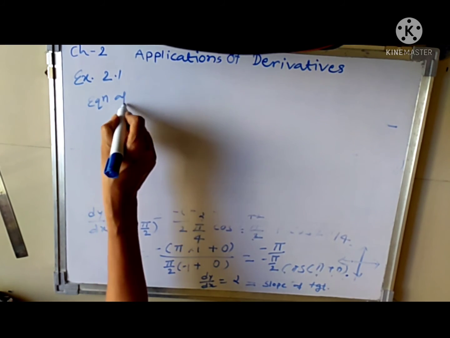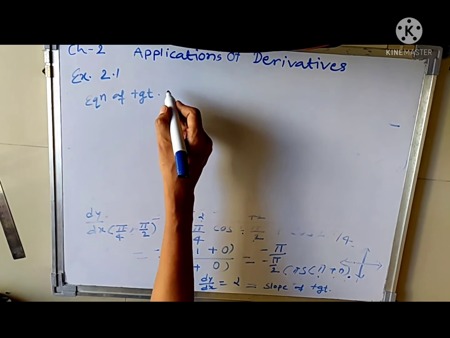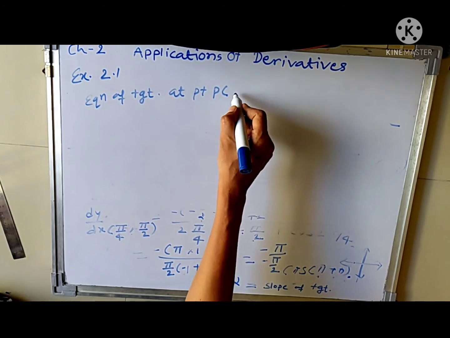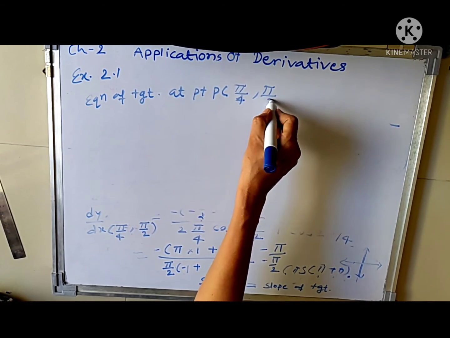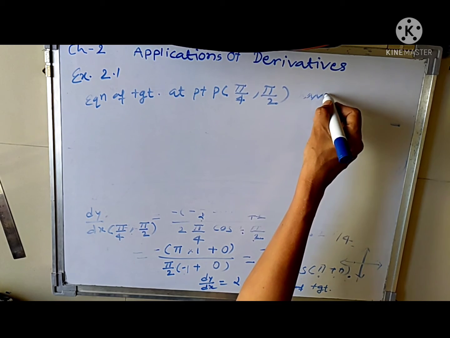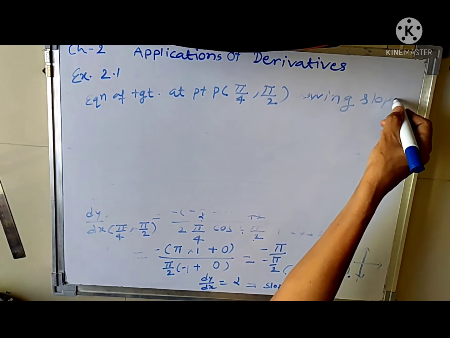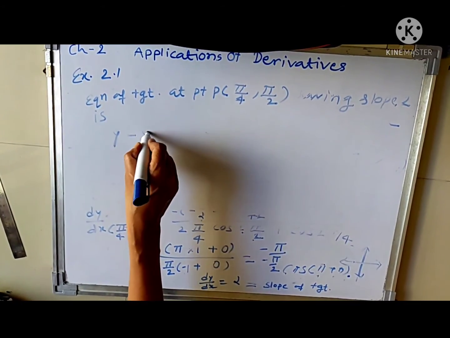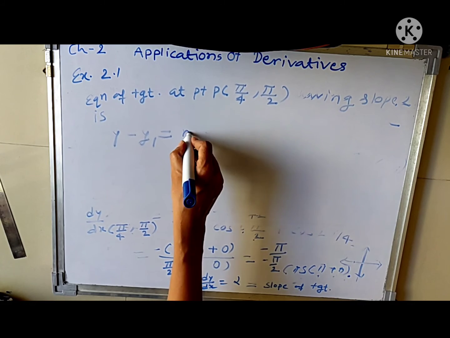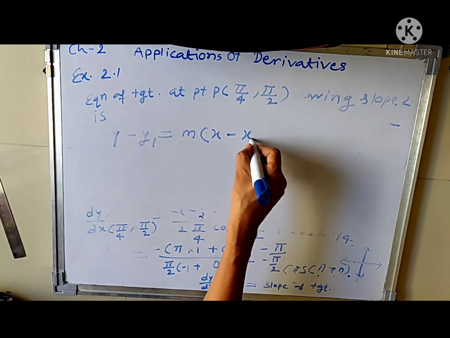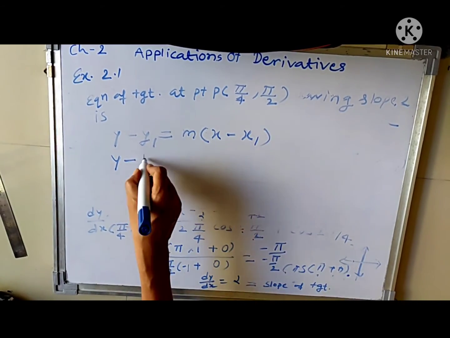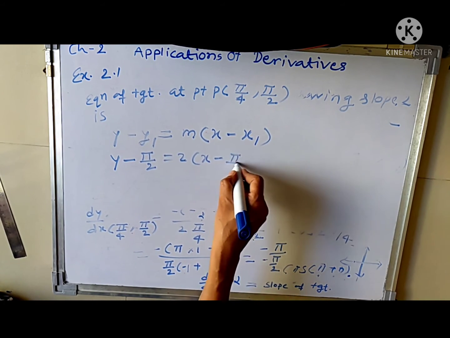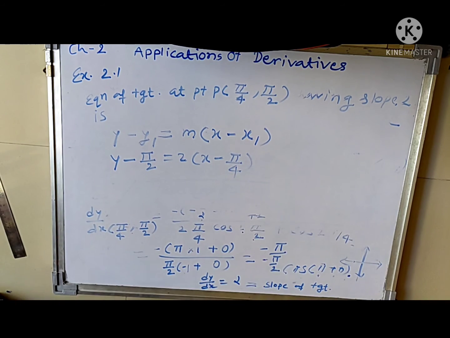Therefore the equation of tangent at point P, pi by 4, pi by 2, having slope 2, is y minus y1 equal to m into x minus x1. y minus y1, y1 is pi by 2, equal to m, m is 2, x minus pi by 4. You have to write up to here or calculate there.